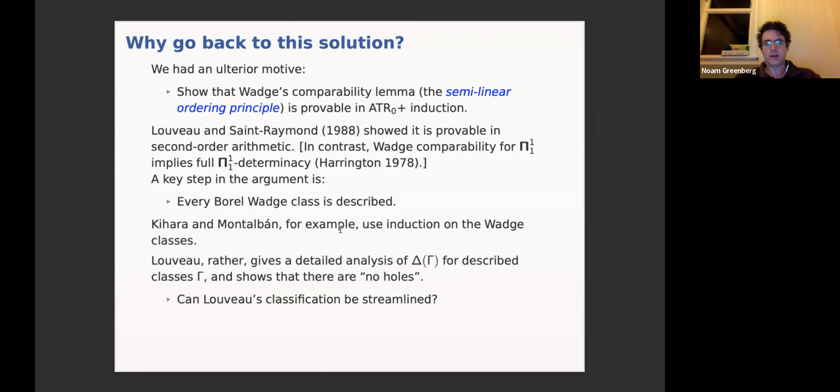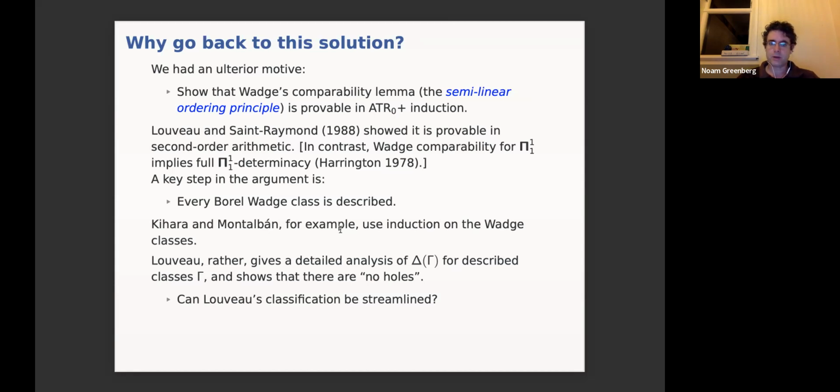And the story there is that in really fundamental work in the late 80s, Louveau and Saint-Raymond showed that this comparability lemma is provable in second-order arithmetic. And this was very surprising because all results that came before for classes larger than Borel indicated that Wadge's lemma is really strong.